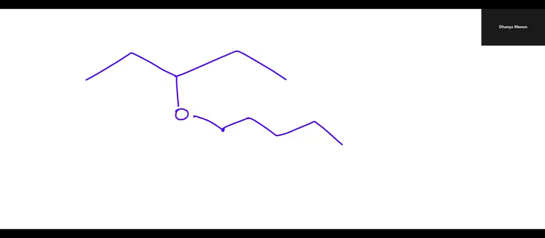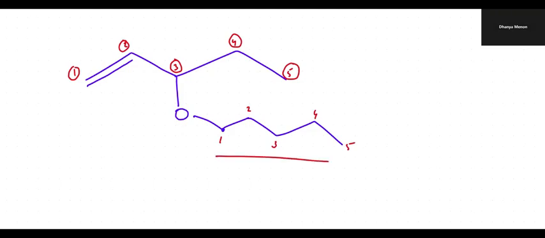So there's a double bond over here. Coming to the numbering, definitely this will get number 1 position, 2, 3, 4, 5. And if we number this part, 1, 2, 3, 4, and 5. So here there are 5 carbon atoms, and the alkoxy group is connected at the 3rd position.